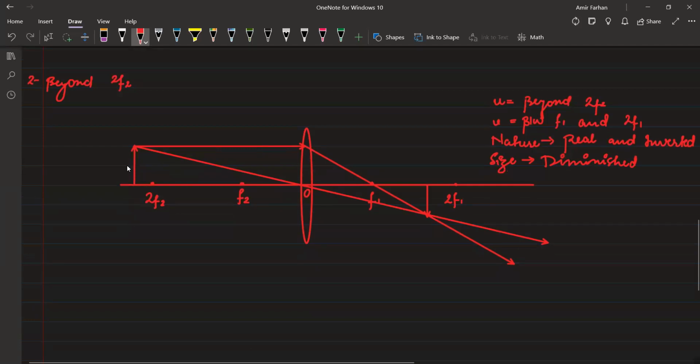It will form the same size image only in a particular case. Yes Harshit, tell me, what happened?